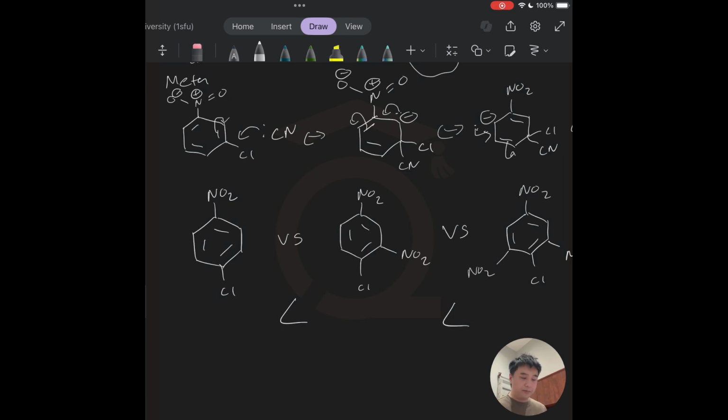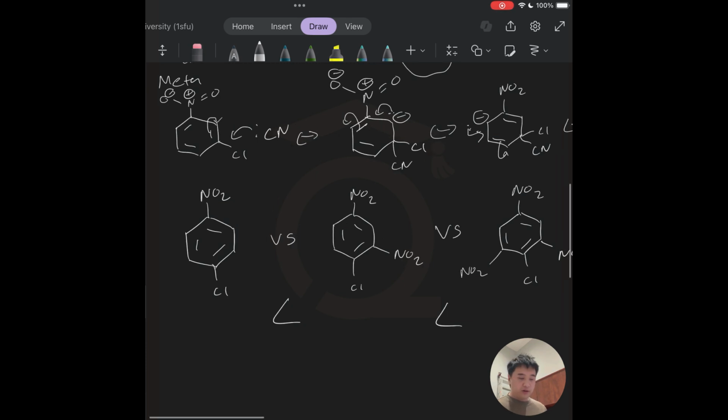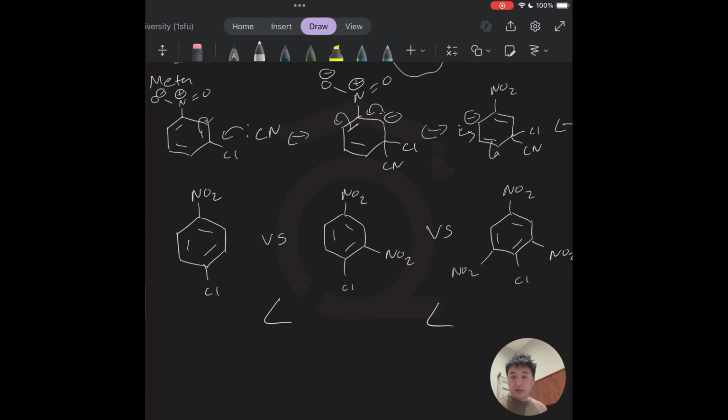That's the important thing to know. And also that the more electron withdrawing groups you have on your ring, the faster the reaction will go. So the key thing is the positioning of the nucleophile only depends on where the leaving group is, not where the electron withdrawing group is. That only affects the rate of the reaction. Okay, that's all. Thank you.